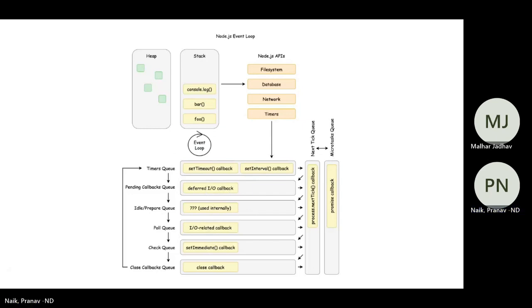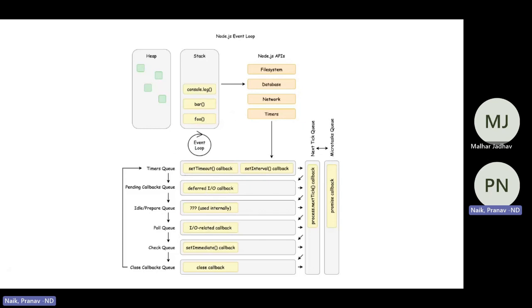The Node.js event loop will shift the control to the queues only after the stack is exhausted. So first the stack will be executed, console log, then bar, then foo. Then the Node event loop will check whether the stack has anything. The stack is exhausted, so it will switch to the event loop queues.